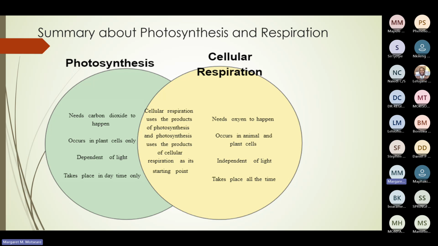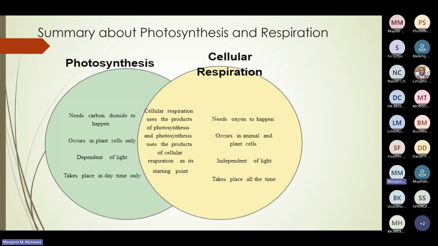And then during photosynthesis, I'm just going to repeat everything that I've just said, but in a different manner. It means photosynthesis needs carbon dioxide to happen. If there is no carbon dioxide, or no water, no sunlight, no chlorophyll, the process of photosynthesis cannot happen.